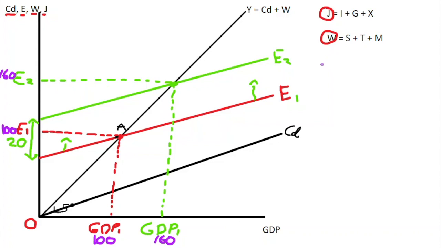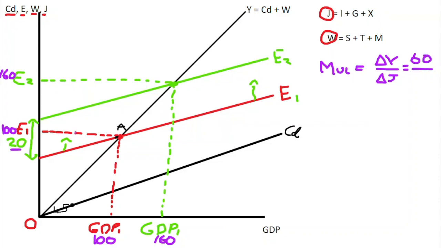Well, we can measure that first off, and we can say that the multiplier in our case here is the change in Y, the size of our economy, divided by the change in the expenditure level. And we're already after saying that that was 20. So the change in the size of our economy, it went from 100 up to 160. So that's a change of 60.